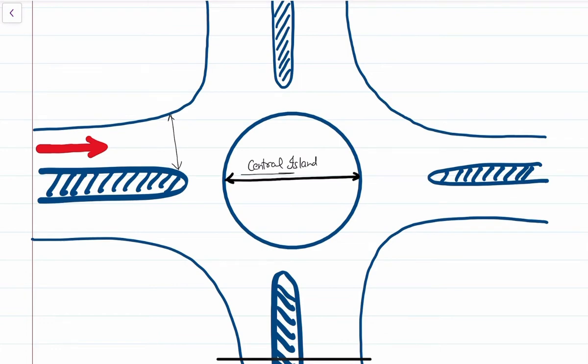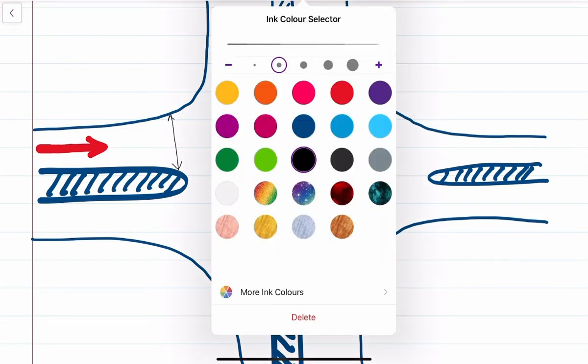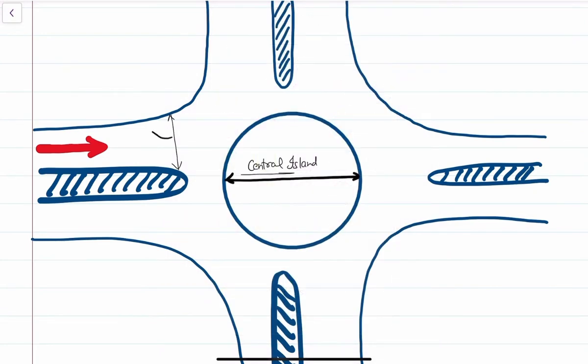This width is what we call the entry width. Right? This is what we call the entry width, and of course the vehicle will move through the entry width.